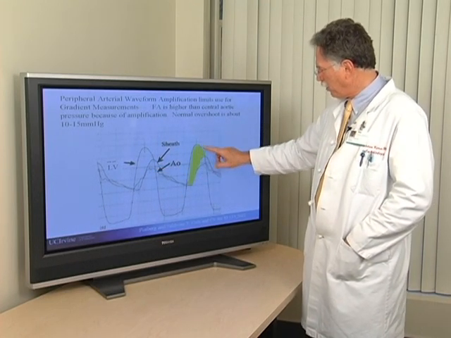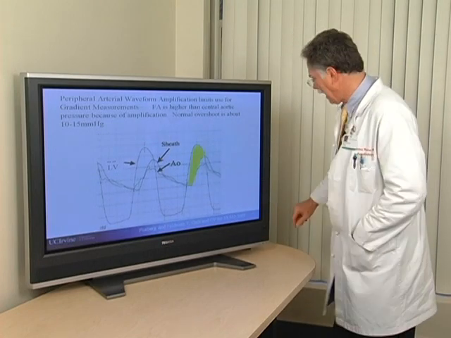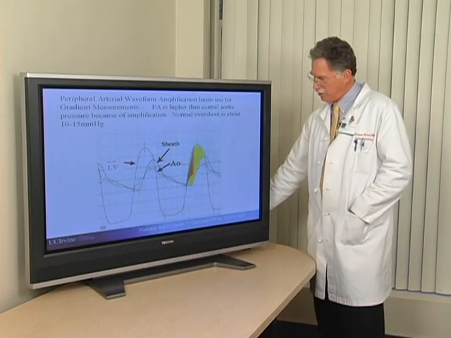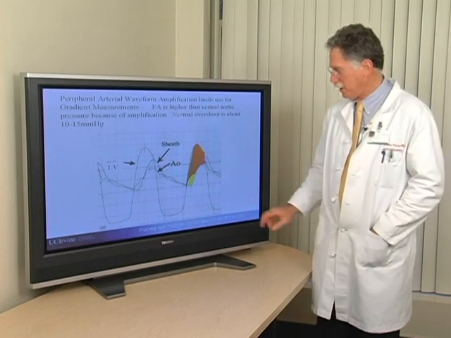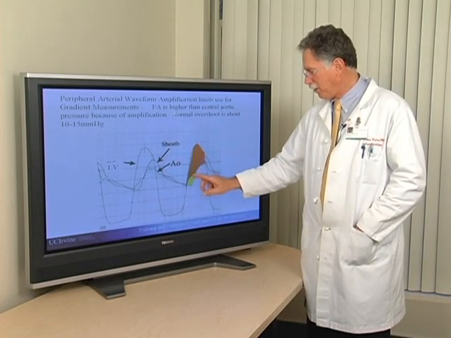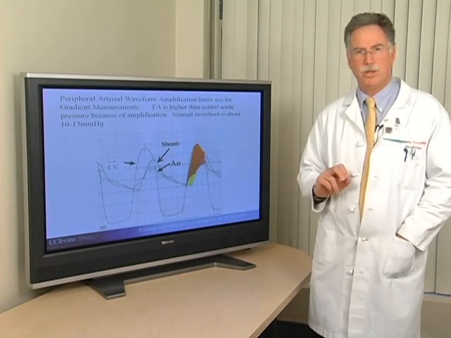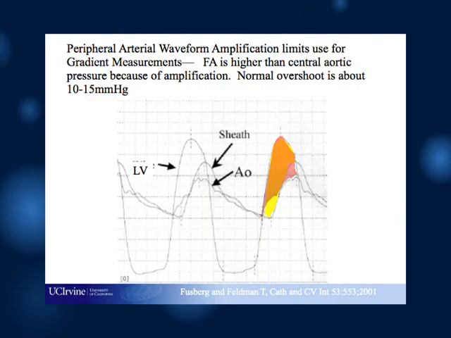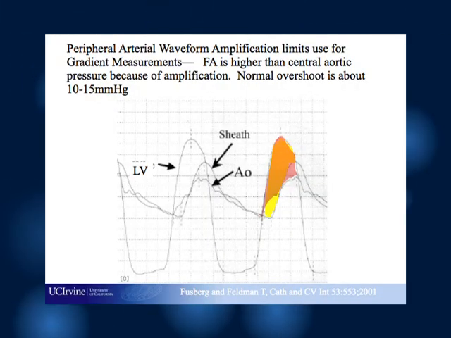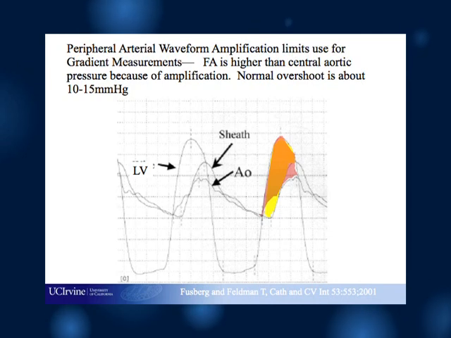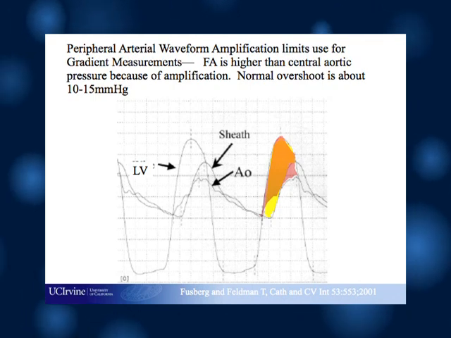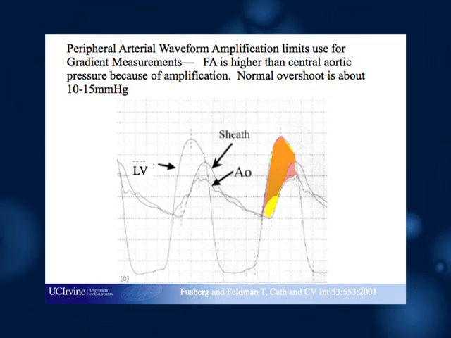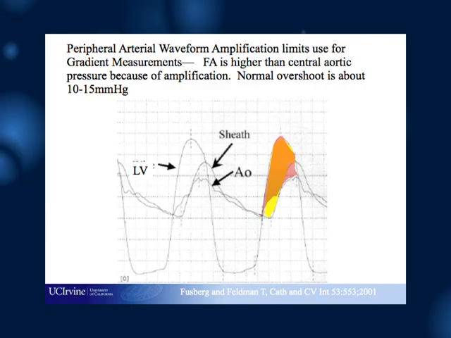This would be the femoral artery pressure in yellow, and the central aortic pressure area shown by this orange shaded area, and you know that femoral artery pressure contributes more to the gradient. So if we want to know which of these two pressures gives us the more accurate area, clearly it's the central pressure. But when we have the femoral pressure, we should not shift it because that would artificially make the valve area smaller than it really is.